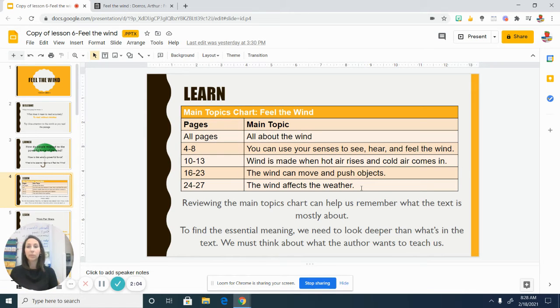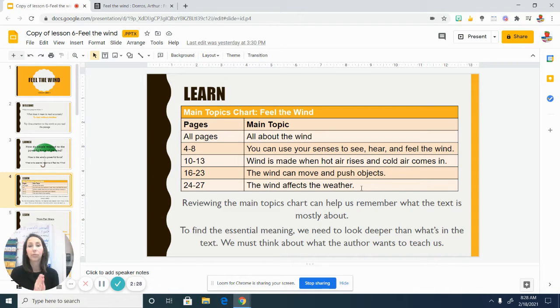The essential meaning is really what we think the author wants to teach us or wants us to gain or learn from reading the text. If we think about the word essential, it really means almost the same as important. Really, what is the most important meaning from this text?